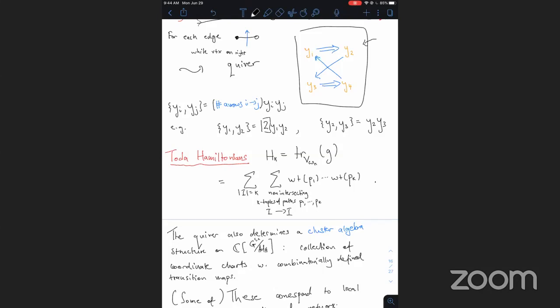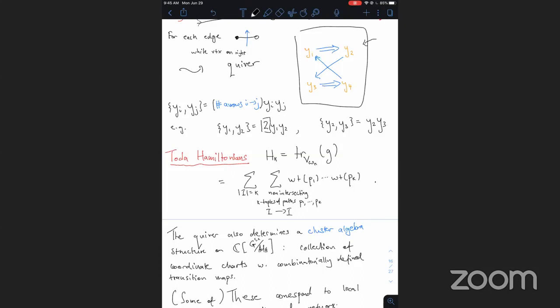related to giving a global, not just local description of the phase space. So we saw here that we described one particular open locus of phase space, which was just isomorphic to a split torus, G_m to the power twice the rank. But really, this quiver secretly tells you how to obtain a global description, at least up to some locus of codimension 2.